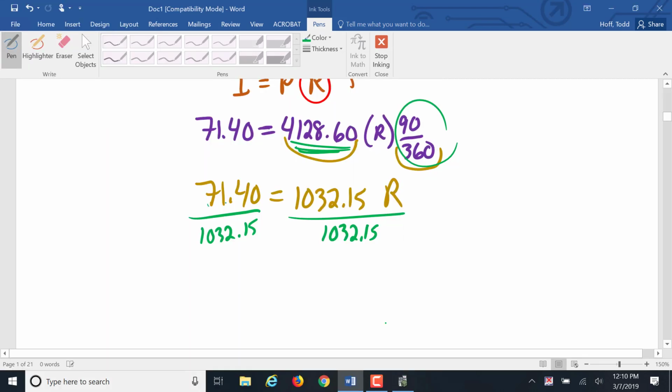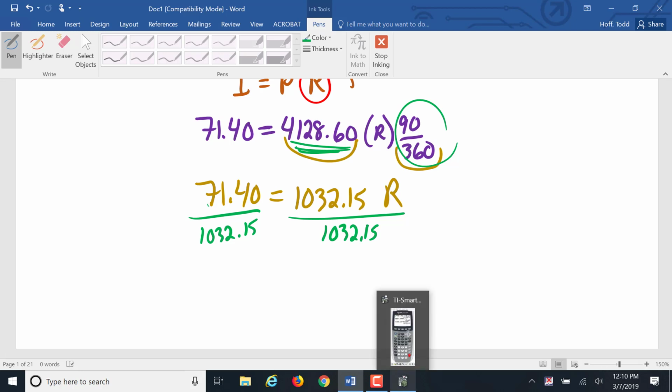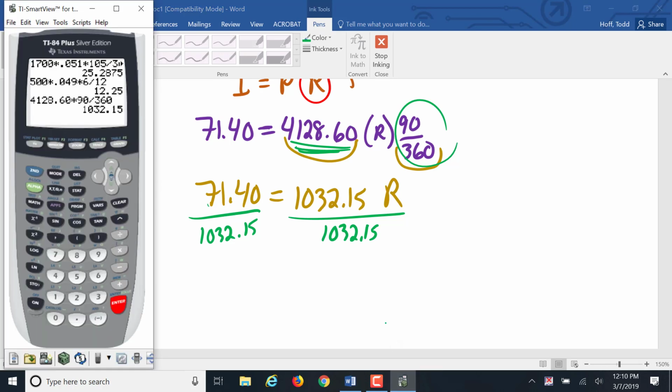So our calculation here, we have $71.40 divided by the $1,032.15. I'm going to type in the $71.40 and divided by, notice the 1,032 is my previous answer, so I hit second, ANS, previous answer. So it divides it out, and I get 0.06918.